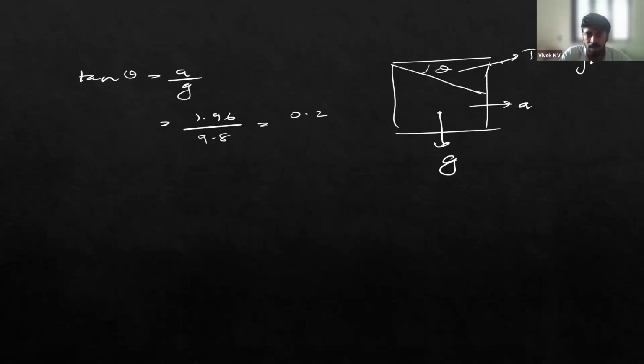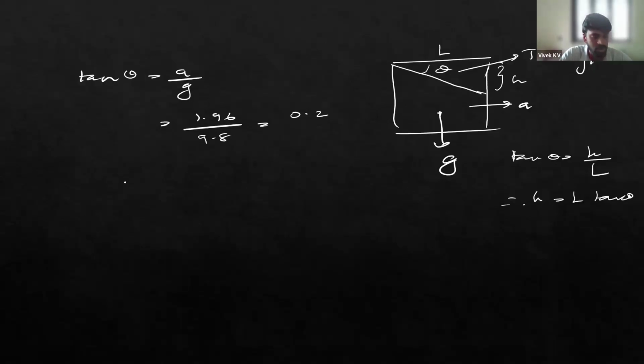Now this height difference, let us say this is L and this is H. Tan theta is opposite by adjacent, so H by L. Therefore the height difference on one side will be L into tan theta. L is the side of the cube.